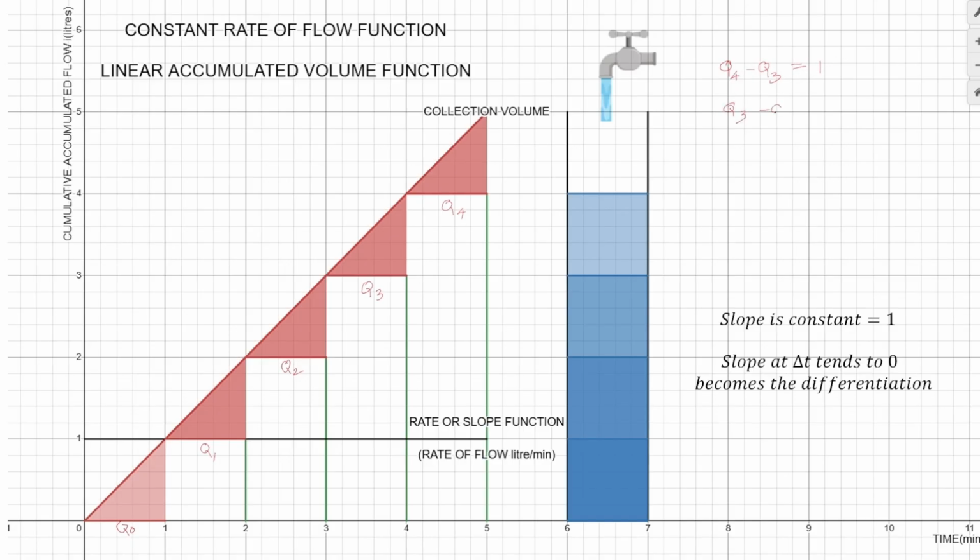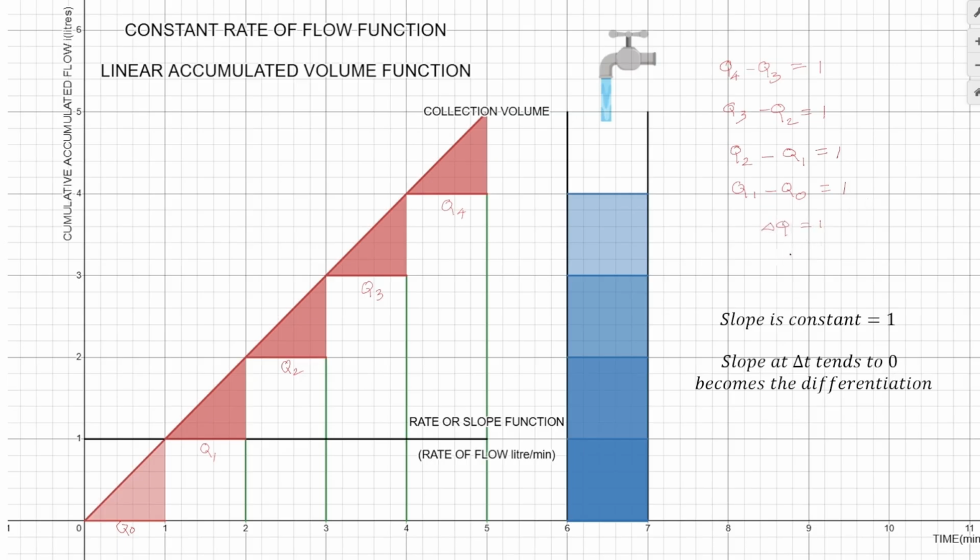Similarly q3 minus q2 is 3 minus 2, which is equal to 1. Similarly q2 minus q1 is also 1. And q1 minus q0, that is 1 minus 0, again 1.